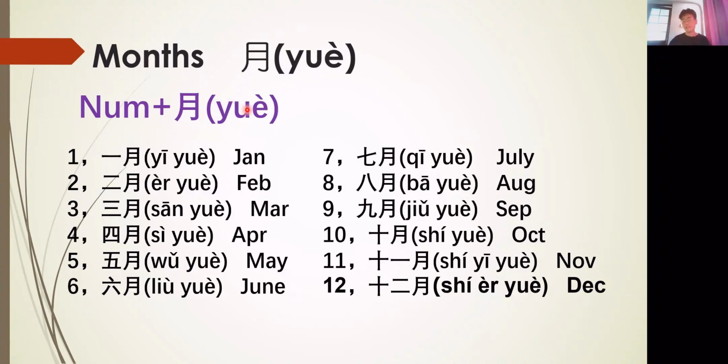So now let's have some examples. Like January. So in Chinese, we say 一, right? It is the first month, so we say 一月, right? So 一月 means January. And February, it is the second month in the year, right?